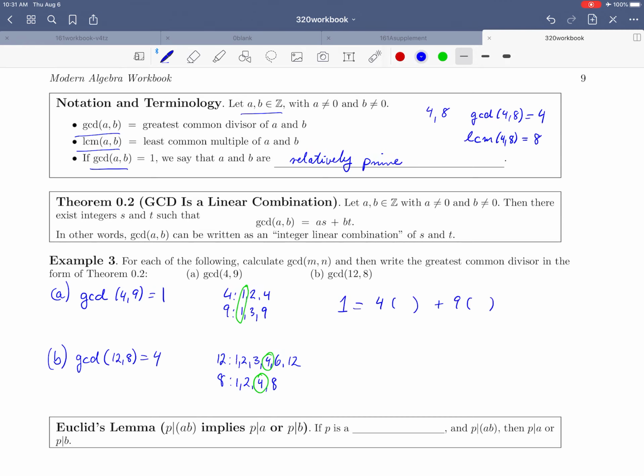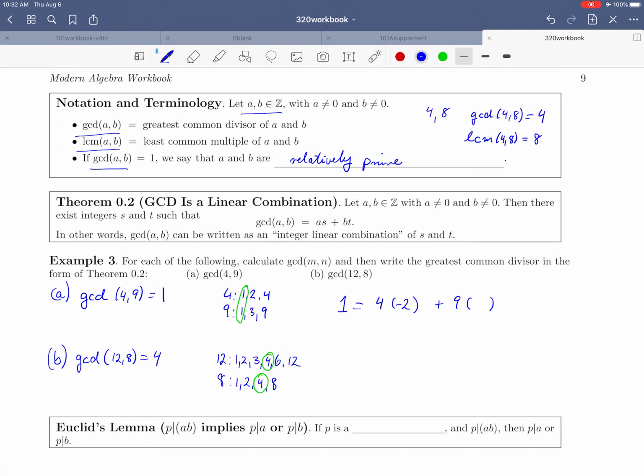If you think about multiples of 4, 8, 12, and so on, and you look at multiples of 9, do you see any combinations that would give you a 1 somehow? Well, one of those numbers to put in the parentheses definitely has to be negative, but that's okay. One way that would work would be -2 as a multiple of 4.